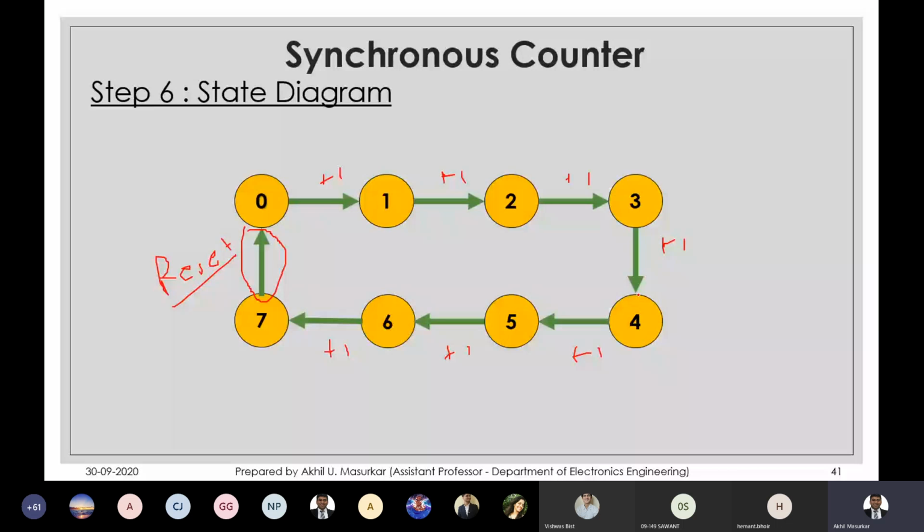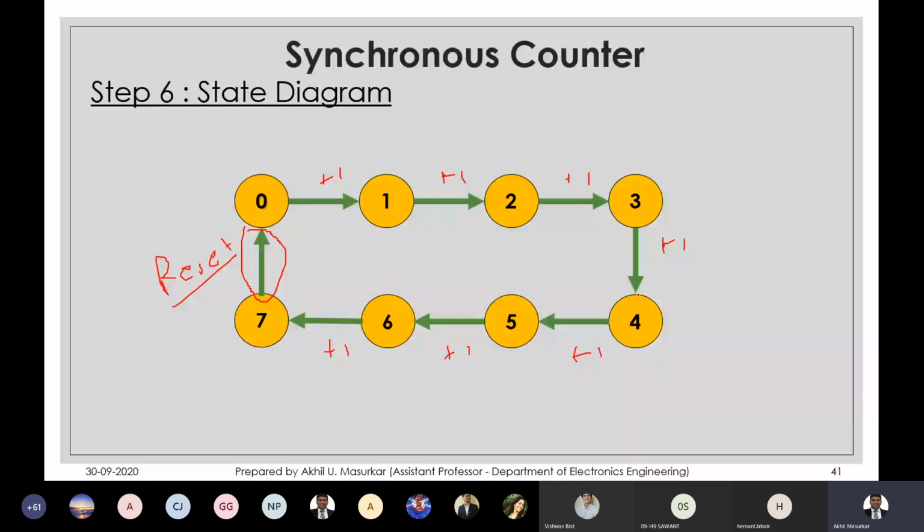That is very simple. You just have to draw 4, 5 blocks and show some circles and join them. But please understand the meaning of them. From 0 to 7, it's an increment operation. But 7 to 0 is a reset operation. This question has come at least 3 times in the exam for 10 marks. That is why I thought I should do this question with you.